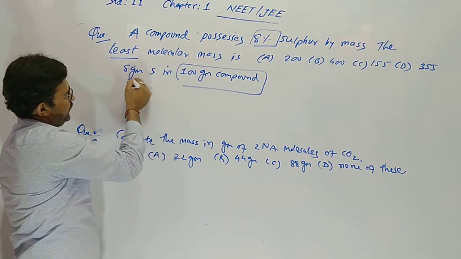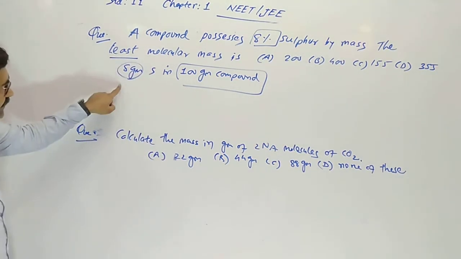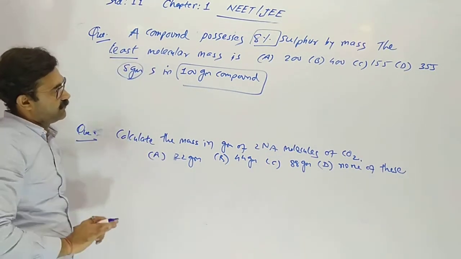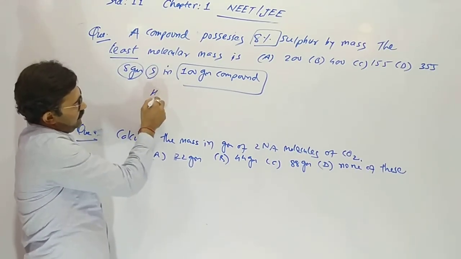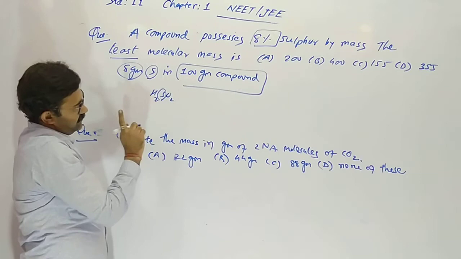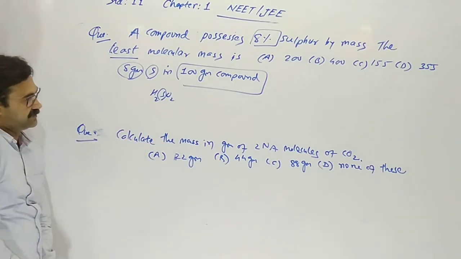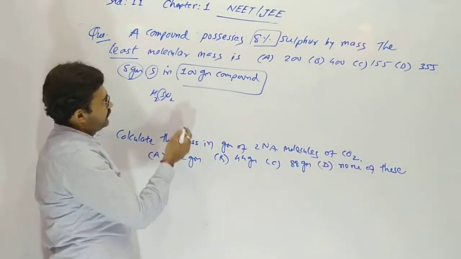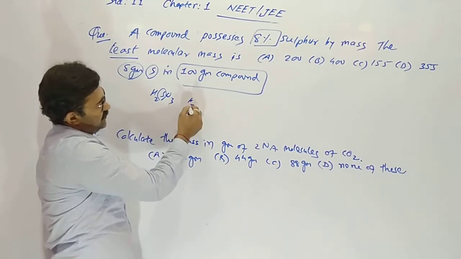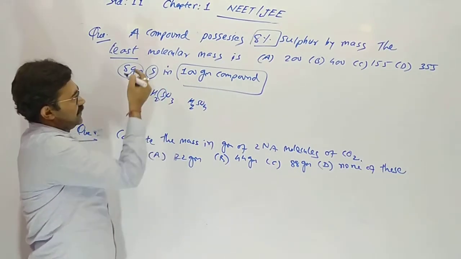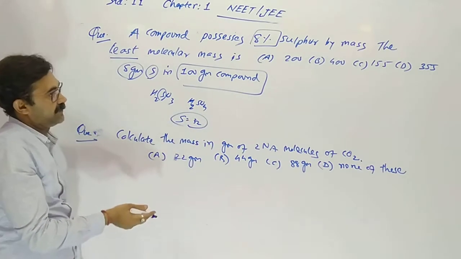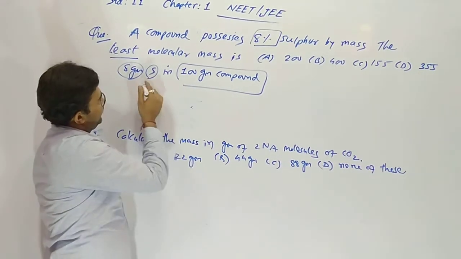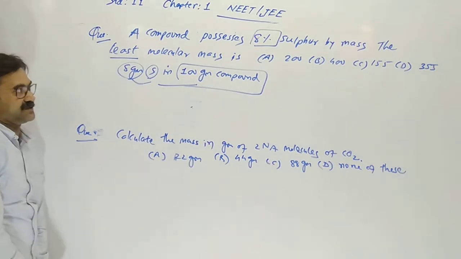So in the compound, a minimum of 1 sulfur atom should be present; half is not possible, minimum is 1. So 1 sulfur has atomic mass 32.